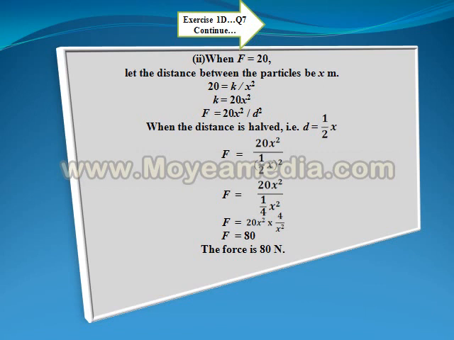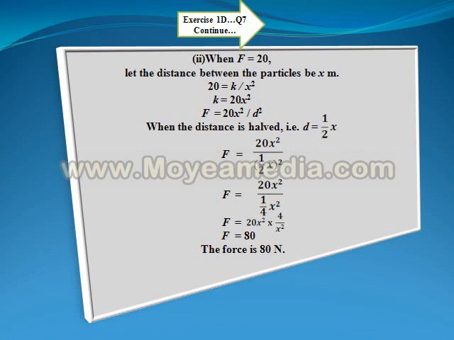Force is 80 Newton. Means when you make that certain distance half, the force will become 80 Newton. From 20 Newton it becomes 80 Newton. Means as the particles come closer, the force becomes bigger and bigger.